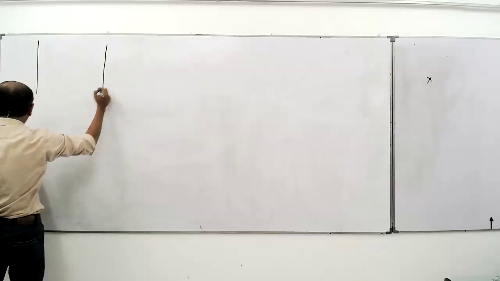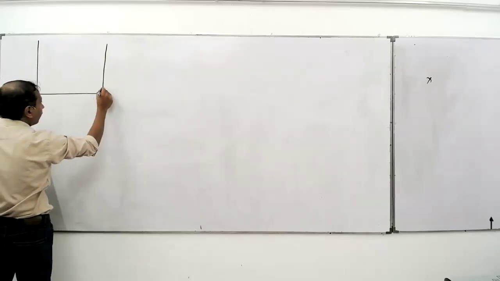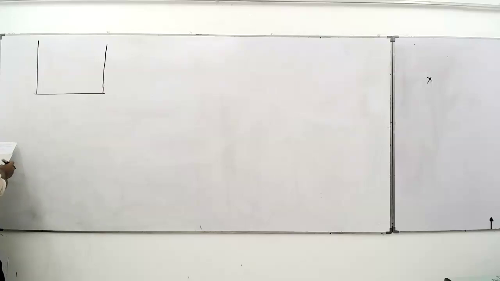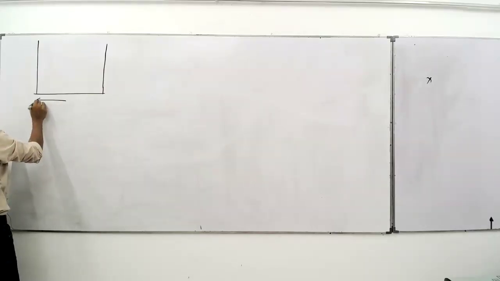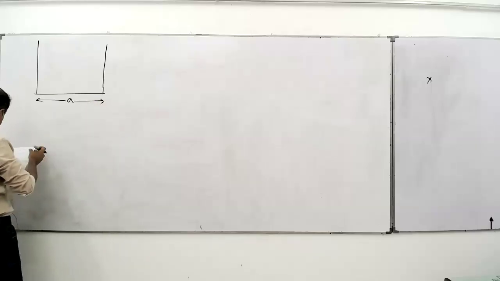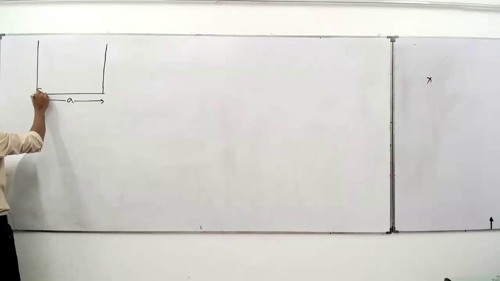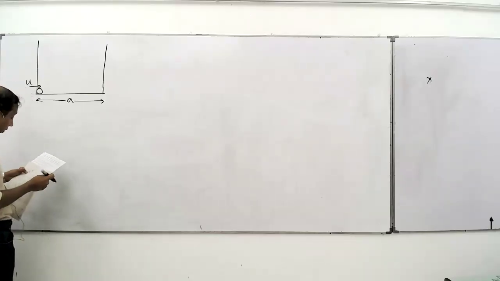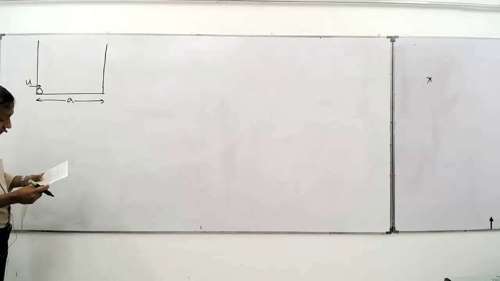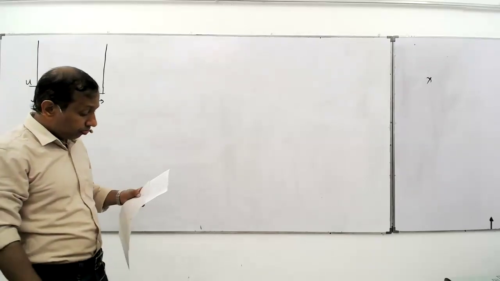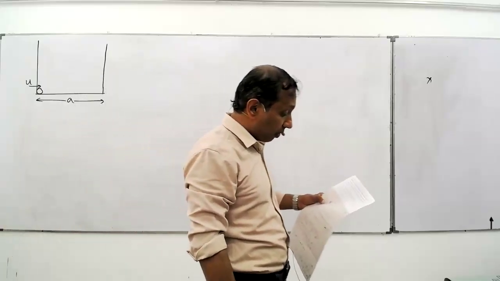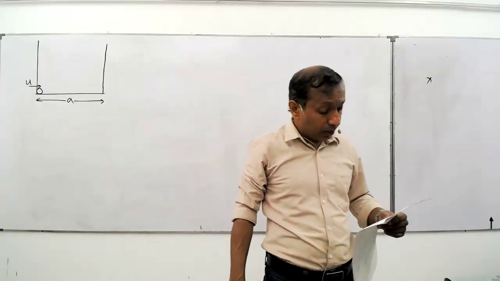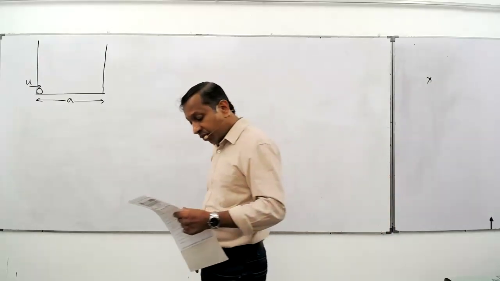Okay, this distance is A. A particle is projected with velocity u, right here, along the smooth horizontal ground from the foot of a wall, perpendicular to it. The coefficient of restitution between the particle and each wall is e, right? Okay. Draw the velocity-time graph.